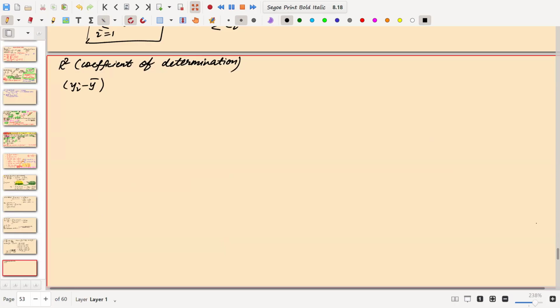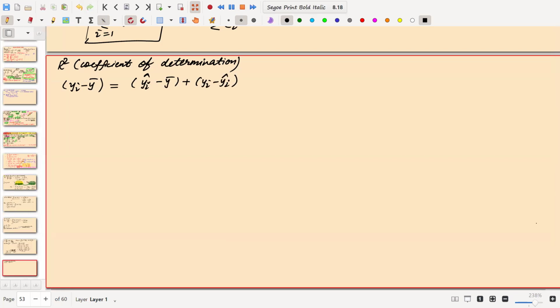So can we look into yi minus y bar? Yi minus y bar means how far the points yi are from the mean y bar. That's what we are computing here. So how can I simplify this? I can simplify this by adding and subtracting yi cap.